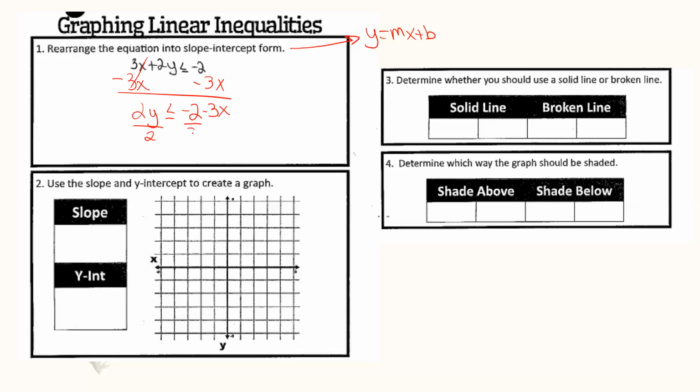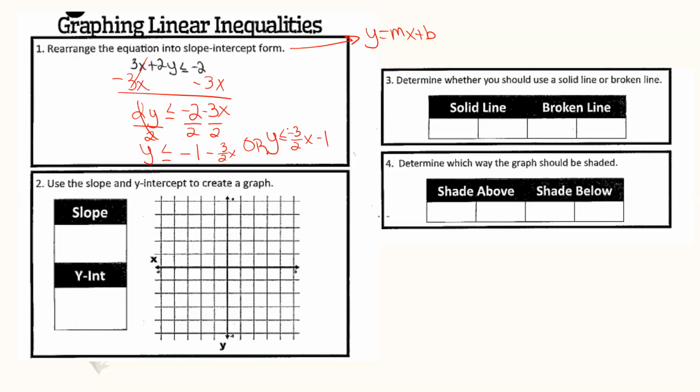Divide each thing by 2. So you get y ≤ -1 - (3/2)x, or you could have y ≤ -(3/2)x - 1. Either one is perfectly fine.